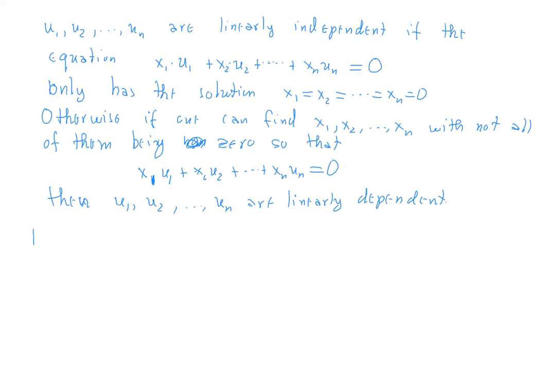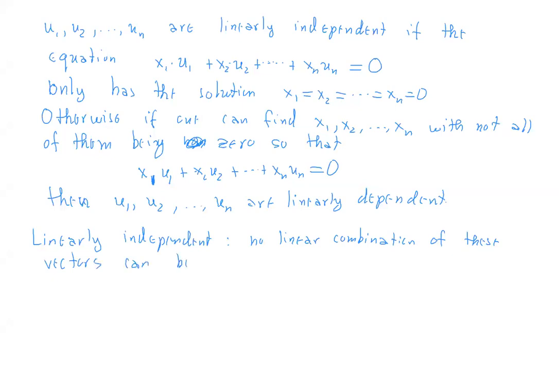So for linearly independent vectors, no linear combination of these vectors can be 0 unless all the coefficients are 0.